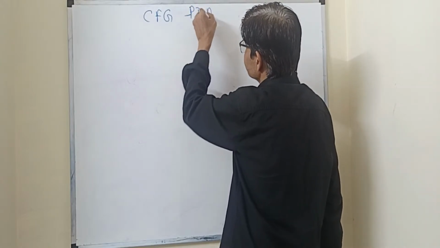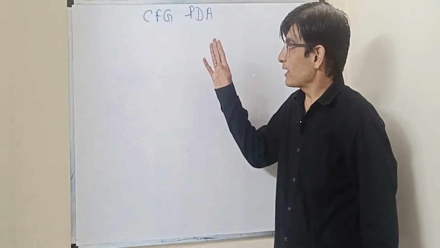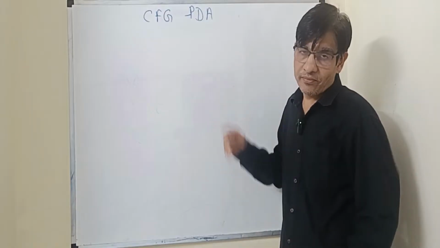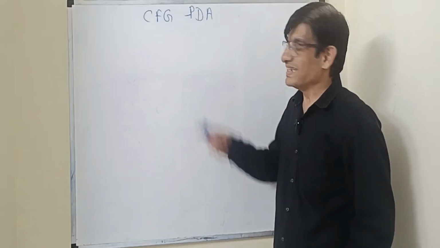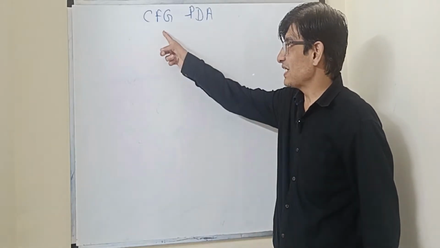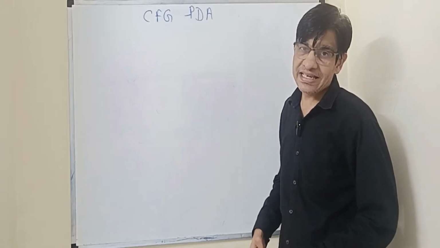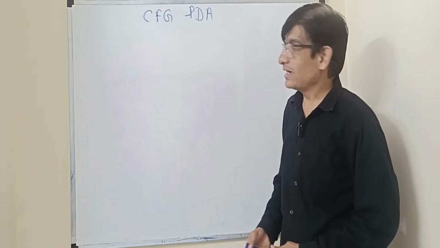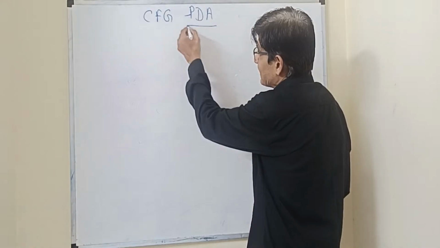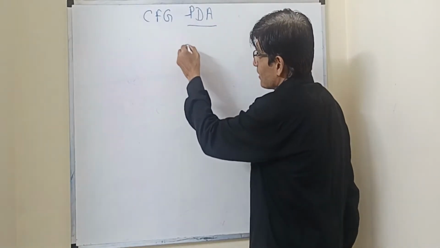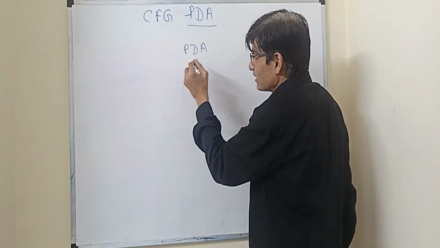Now, as we have discussed, friends, for a CFG, the mathematical model that we use to implement CFG in a machine is the PDA. So every CFG can be converted into an equivalent PDA, and every PDA can be converted into an equivalent CFG. Now you can see we have two types of PDA here. We have discussed PDA acceptance in two ways.